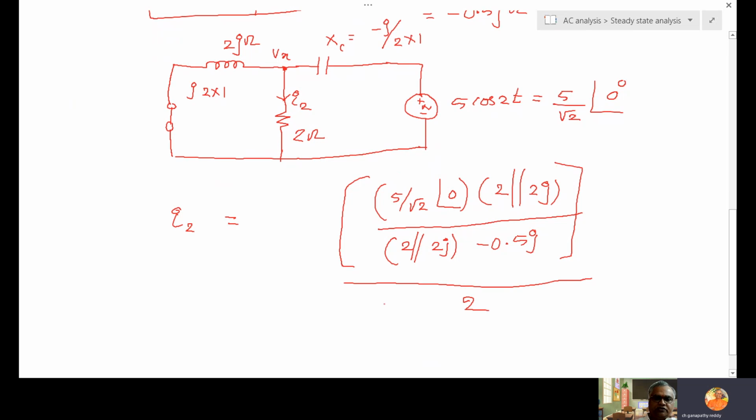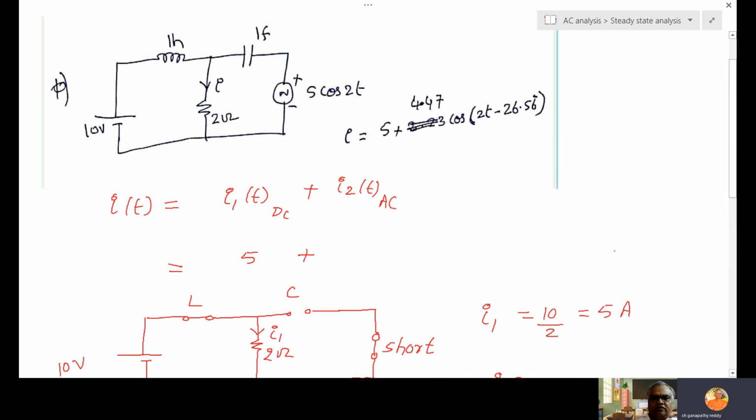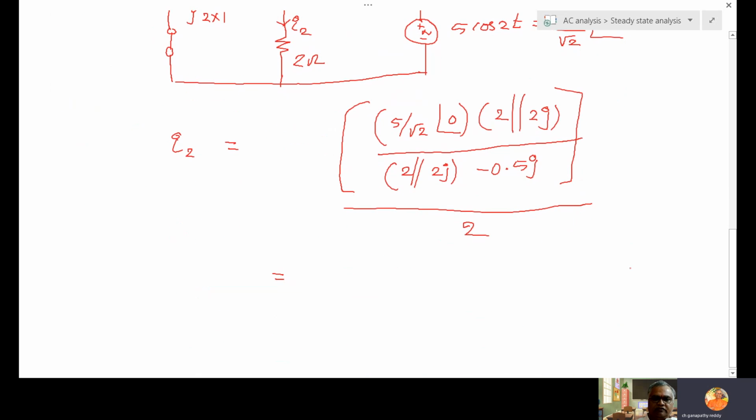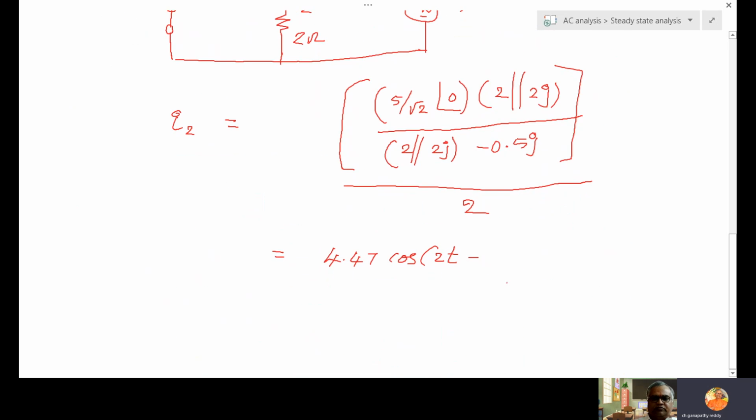So you need a calculator to simplify. You will get the same answer. The answer is 4.47 cos 2t minus 26.56.